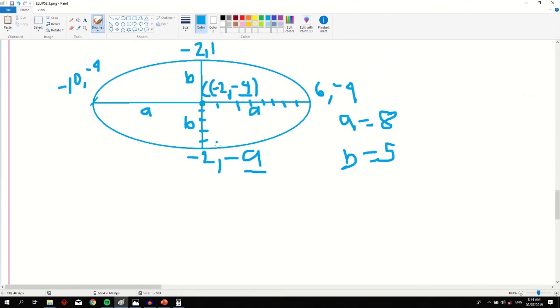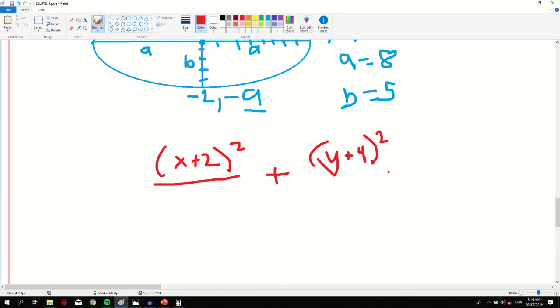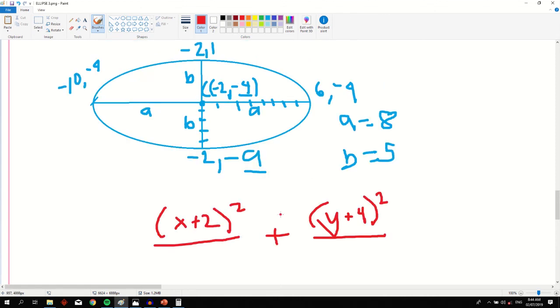Now we have the center, so we can conclude that x, if we transpose that, it will be plus 2 squared. So an ellipse is always a plus sign. Then y, if we transpose that, it will become plus 4, and then squared. Then we have this over here. So the longer should be a, right?